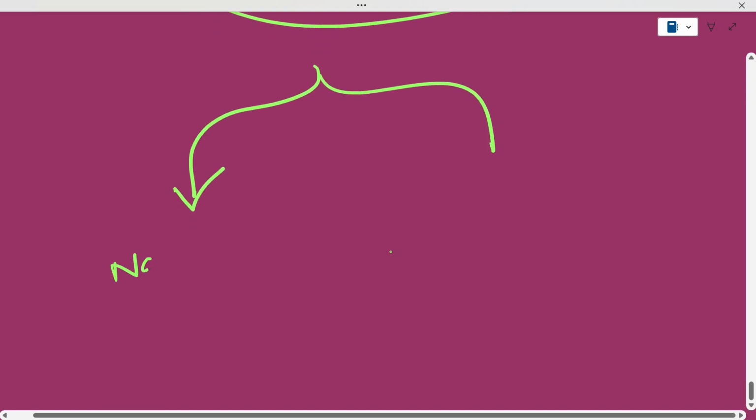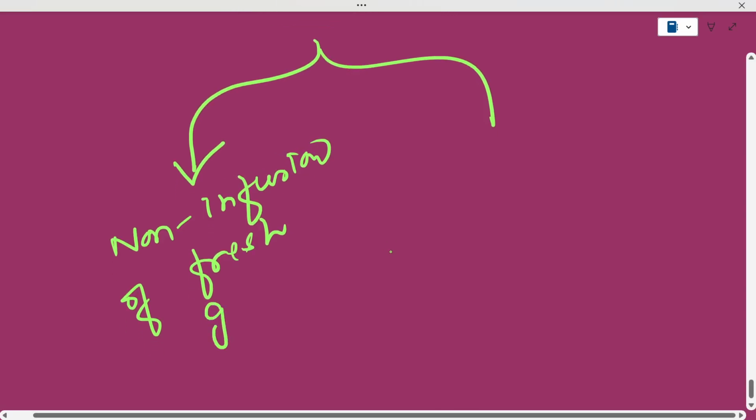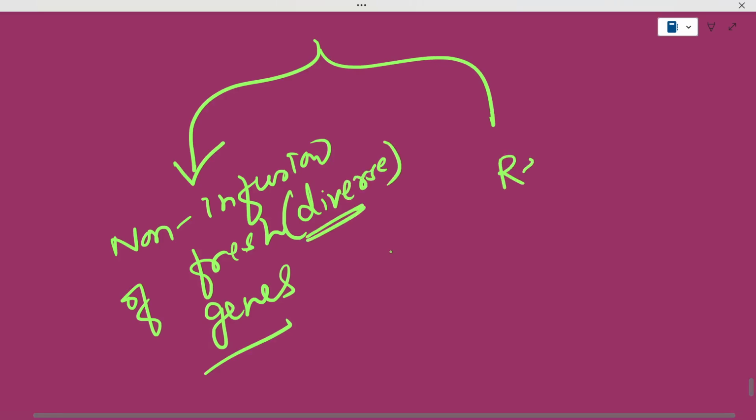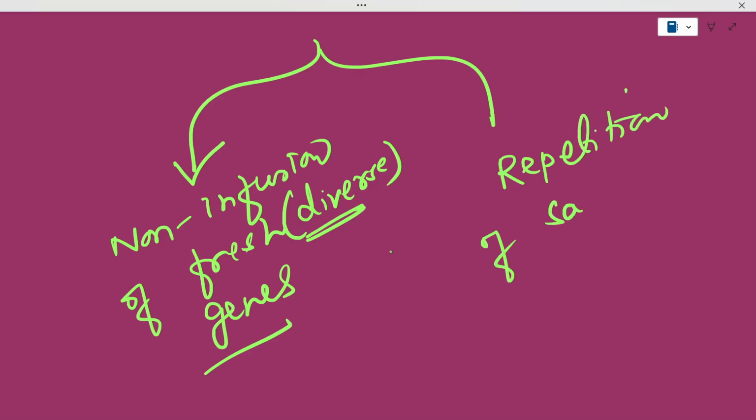First, non-infusion of fresh genes or diverse genes. And the second issue will be repetition of the same genes.